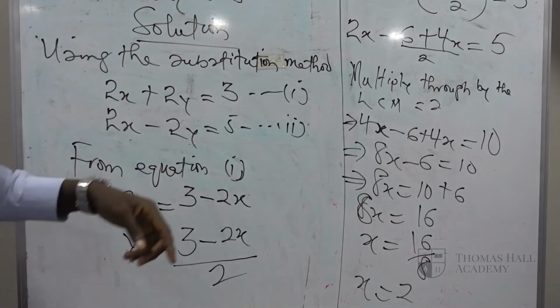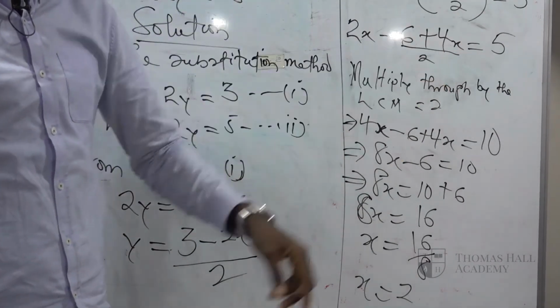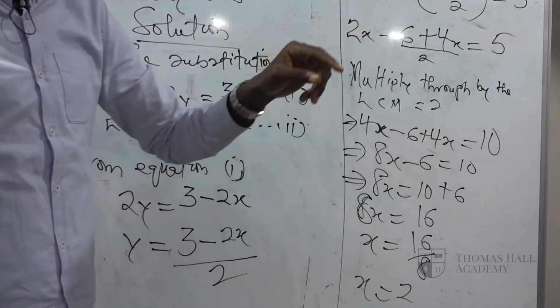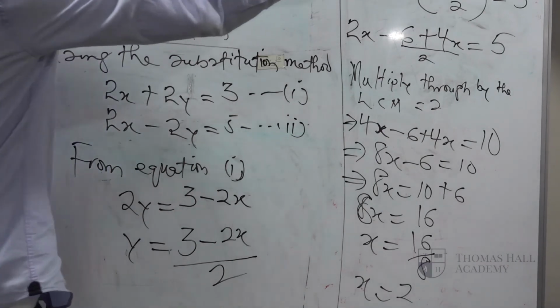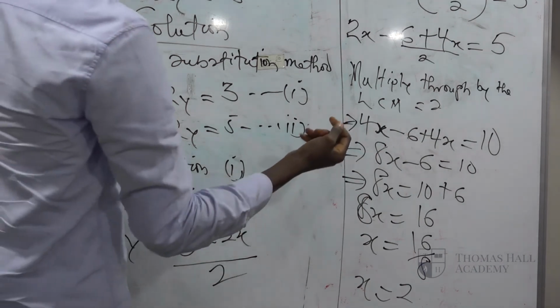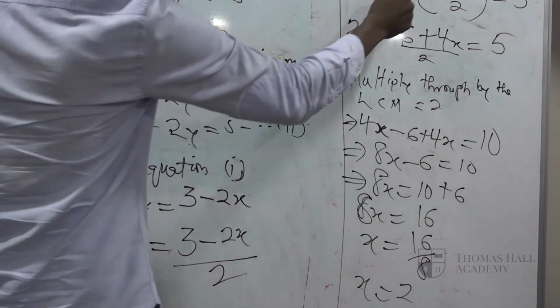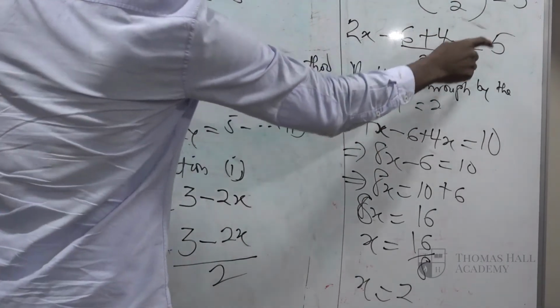Minus times minus gives us plus. 2 times 2x gives us 4x all over 2. I told you, we only multiply the numerator, the one that is up at the top. That's what we call the numerator in a fraction. The one beneath is what we call denominator. So this times this gives us all of this all over 2 equals to 5.